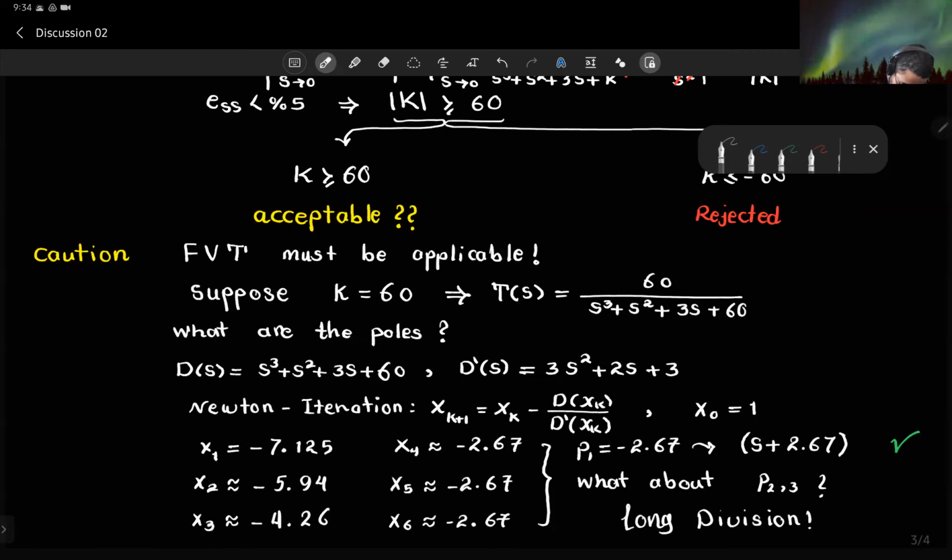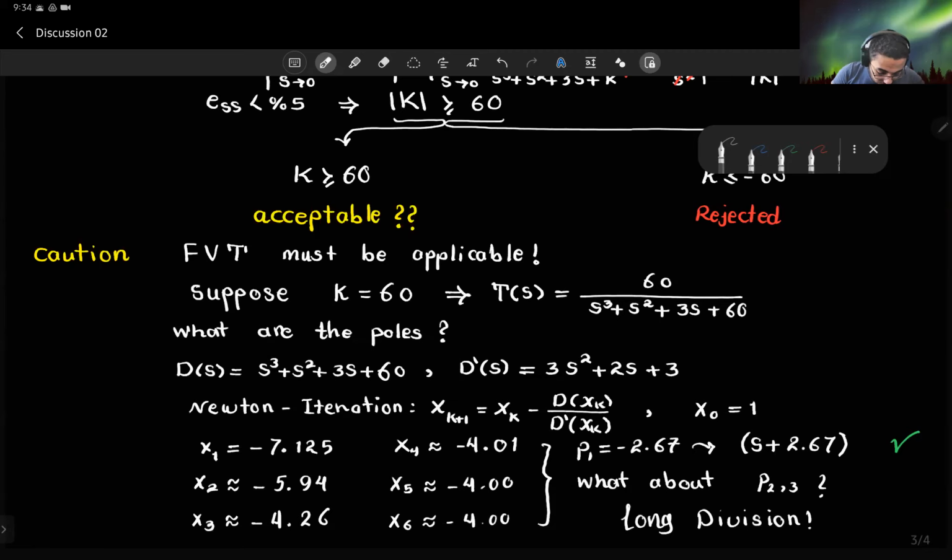The next iteration will give negative 4.01. The next iteration will give negative 4.00. And so on. So you see that it's going to converge to negative 4, right?